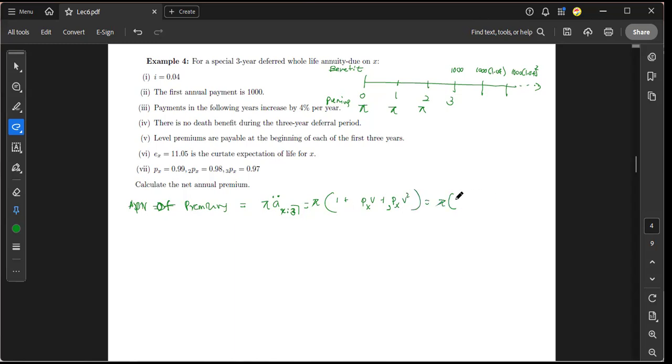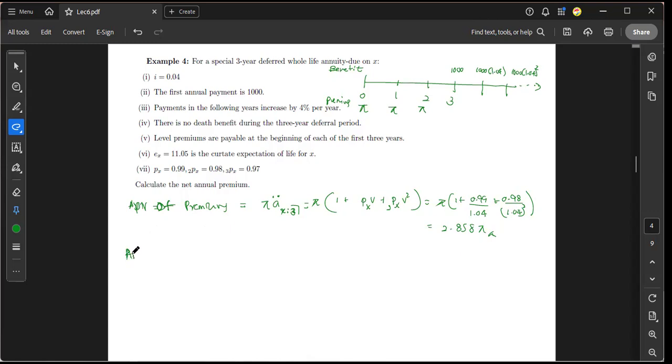The probability is 0.99 and the v is 1 over 1.04. The probability of surviving 2 years is 0.98, and v squared is this. So we will get 2.858 times 5. So that is the present value of the premiums.